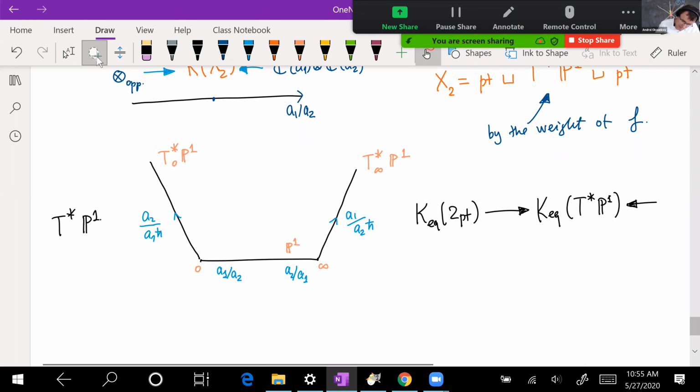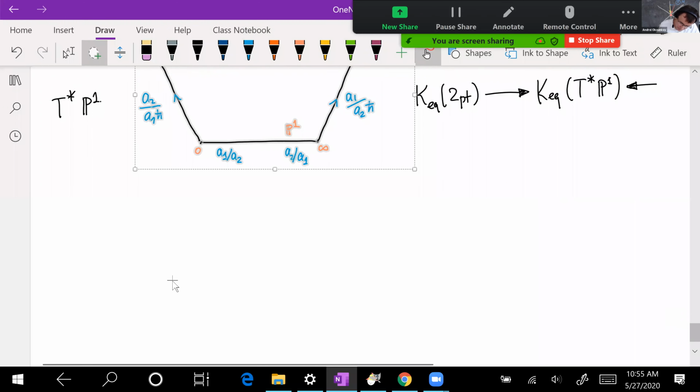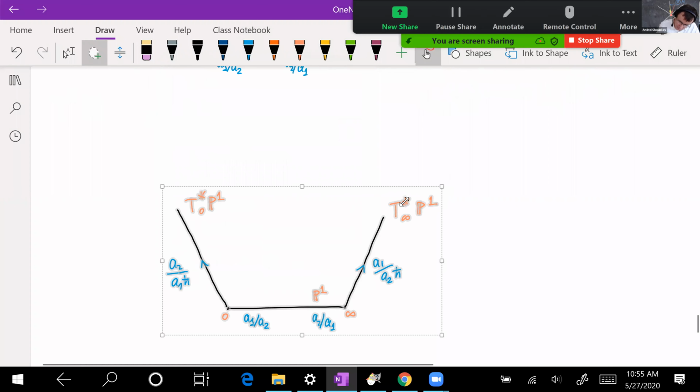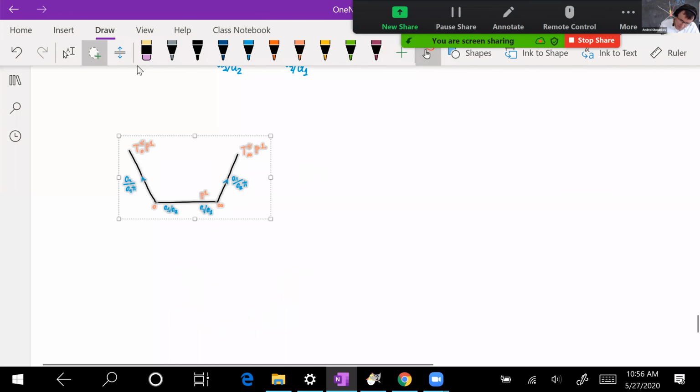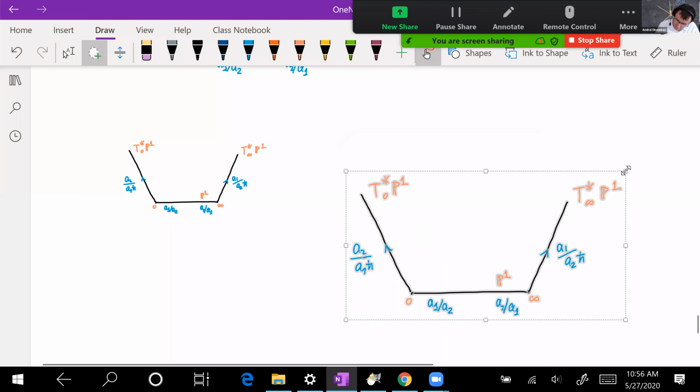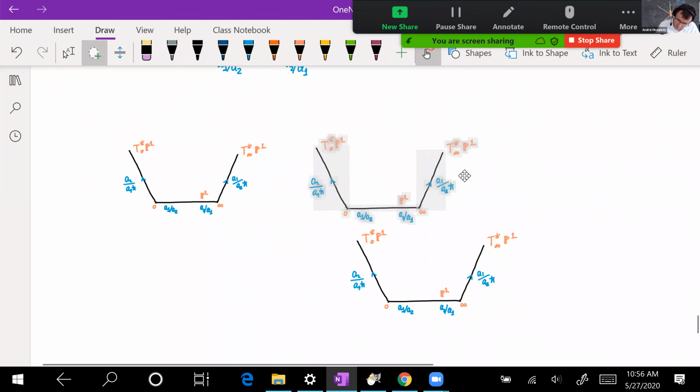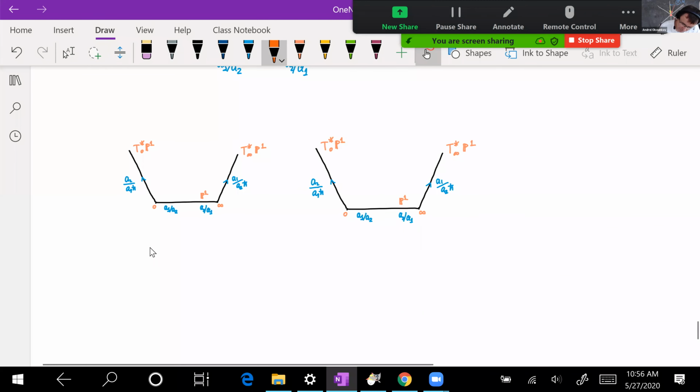So I have, maybe I'll take a copy of this. If my A1 over A2 goes to 0, then the following points have a limit, namely I have to take points that sit here.